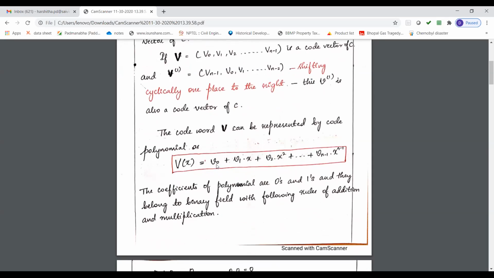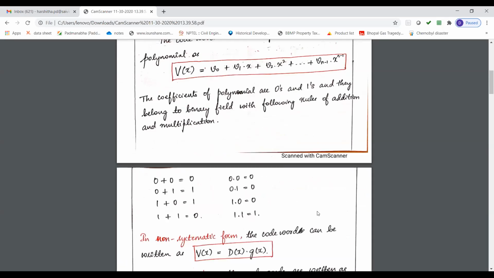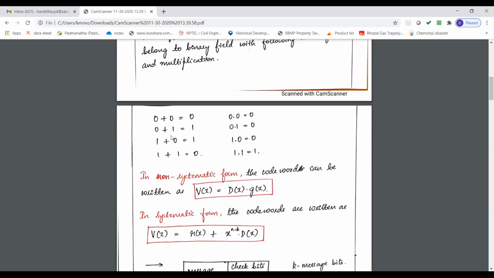You can see that v0, v1, v2 and so on till vn minus 1 are the coefficients of this polynomial, and they can be either zeros or ones. These zeros and ones follow the modulo 2 addition and multiplication rules, given over here.